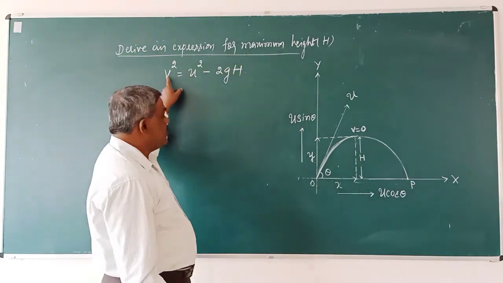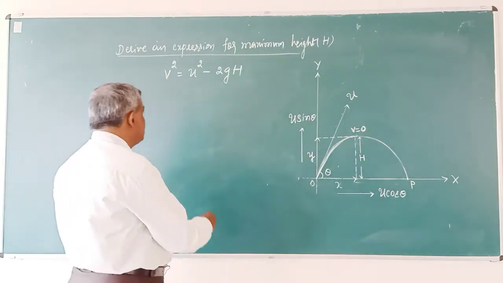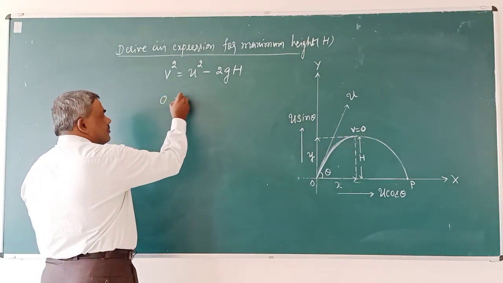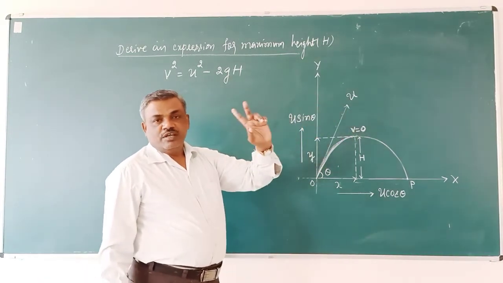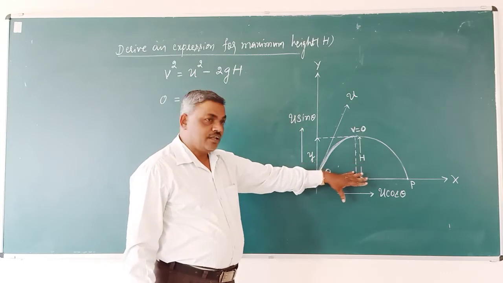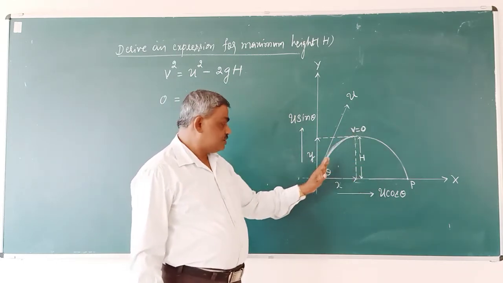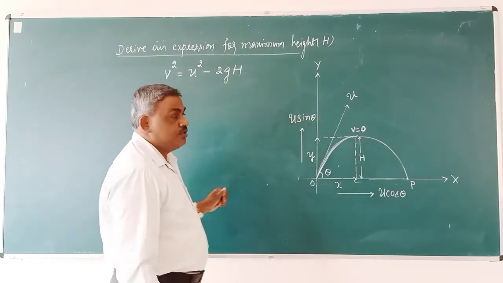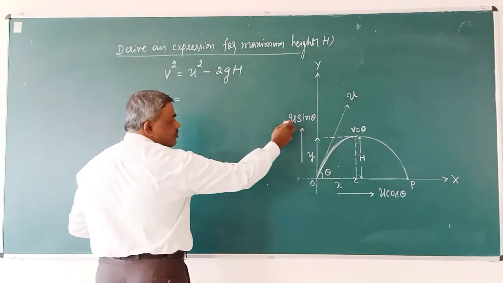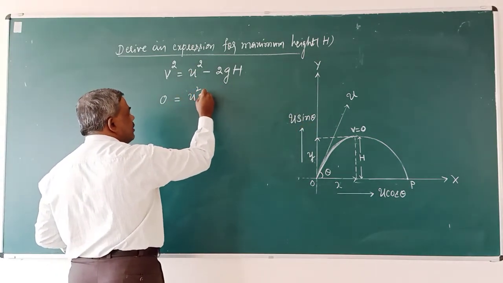Now v, the vertical component of velocity, is what? 0. So take v as 0. The velocity of projection u can be resolved into horizontal and vertical components. The maximum height is measured in which direction? The vertical direction. The vertical component is u sin theta.